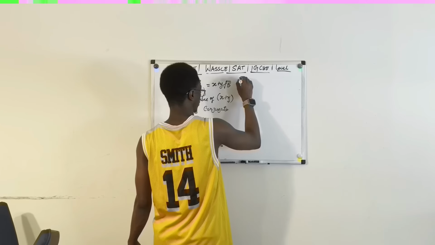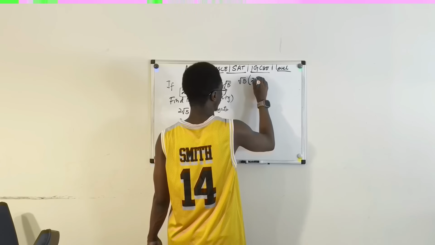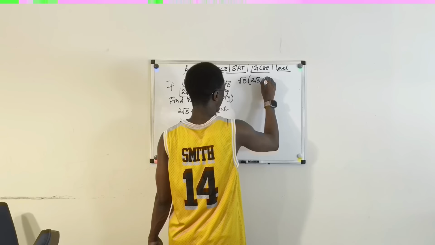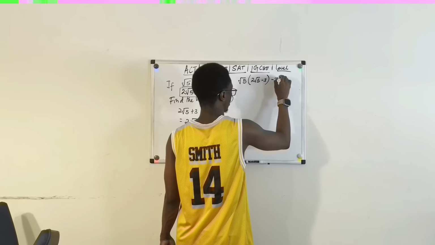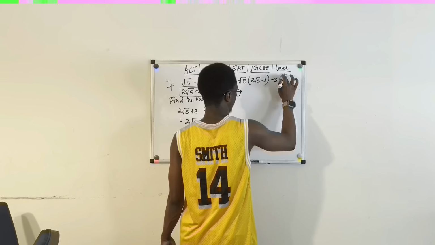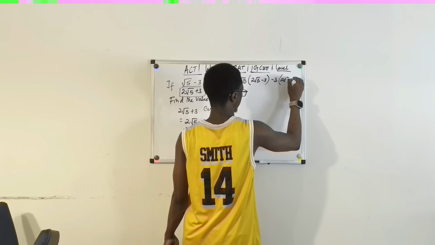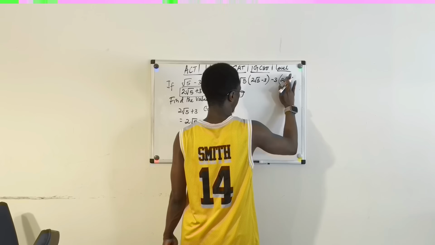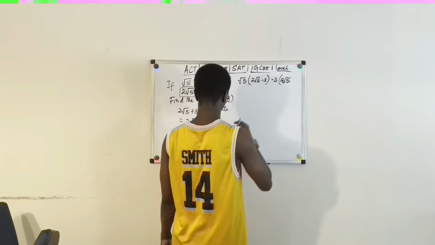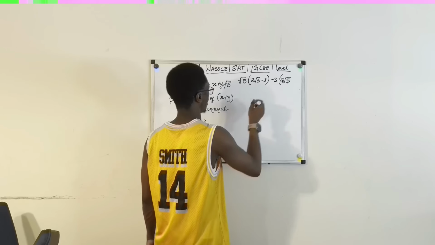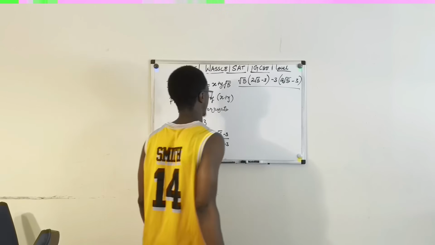So this becomes root 5, you open brackets, 2 root 5 minus 3, you close bracket, then minus this 3. Then you open another bracket, you write again 2 root 5 minus 3. So that's it. Then divided by.